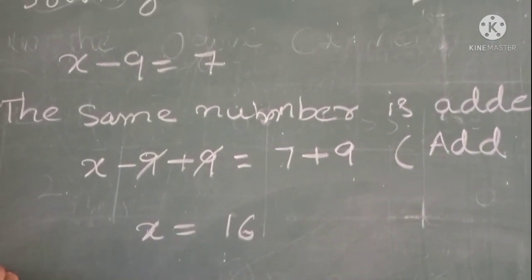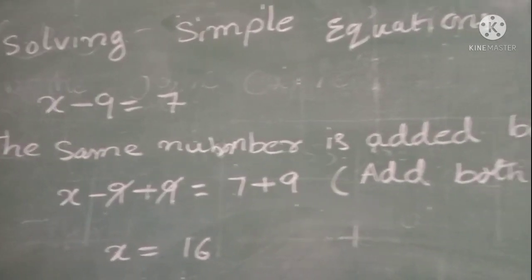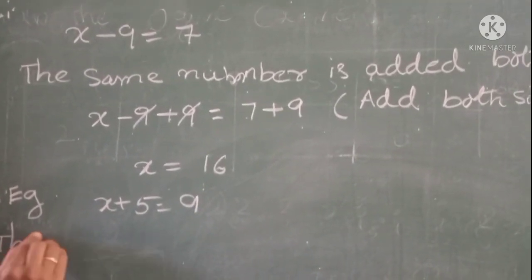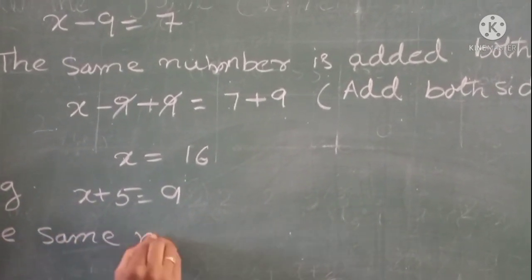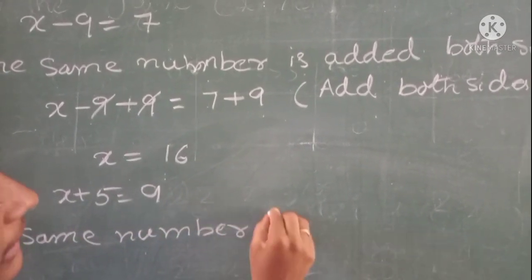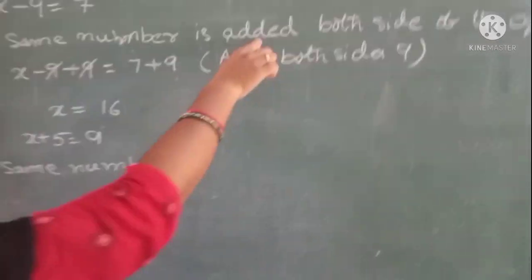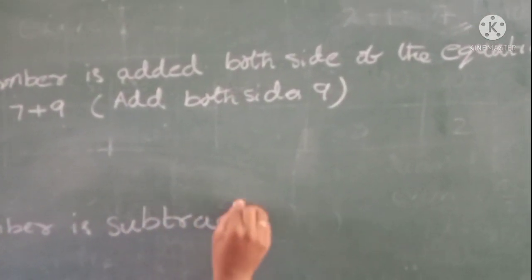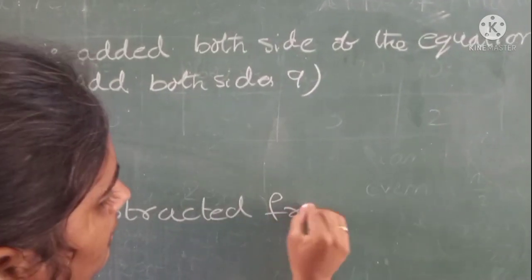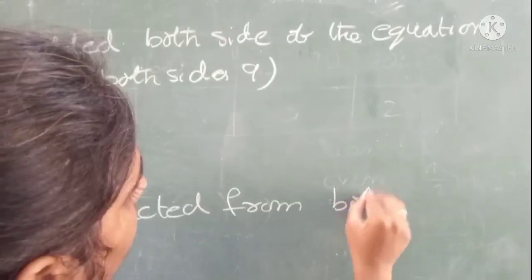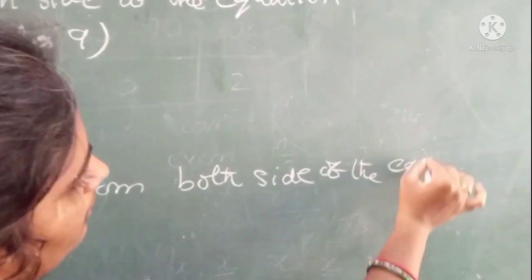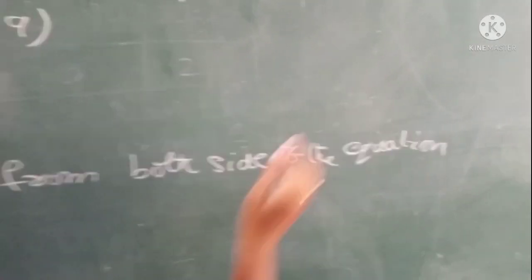Next, another example: x plus 5 is equal to 9. In the previous sum we added the same number; in this sum we subtract the same number from both sides of the equation.